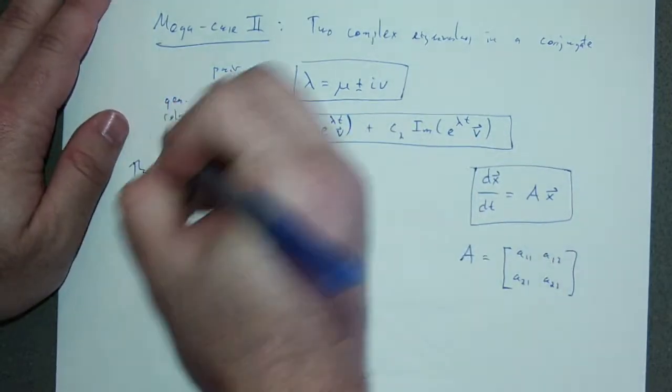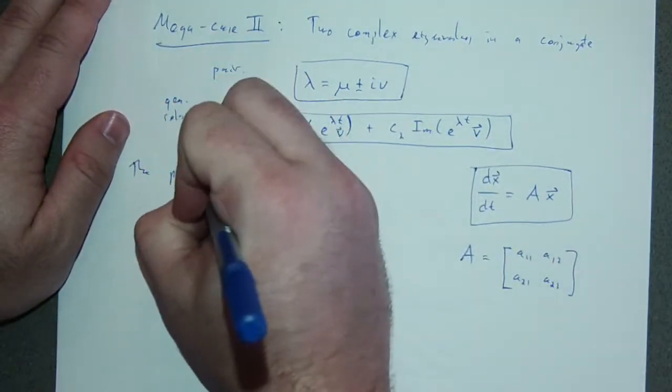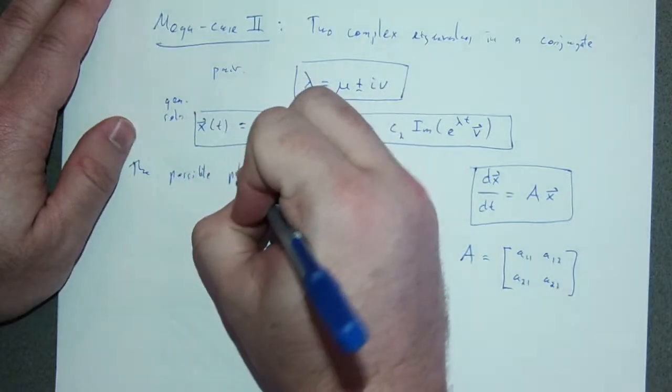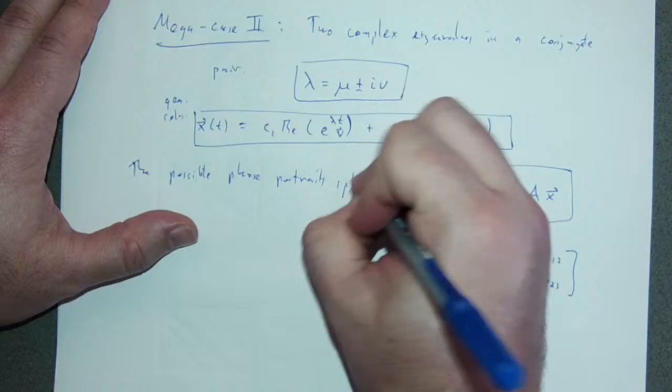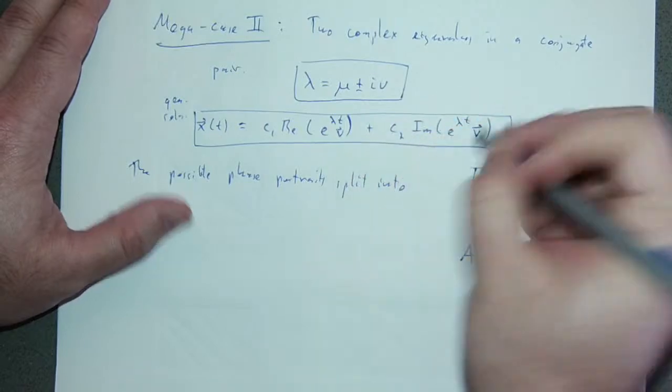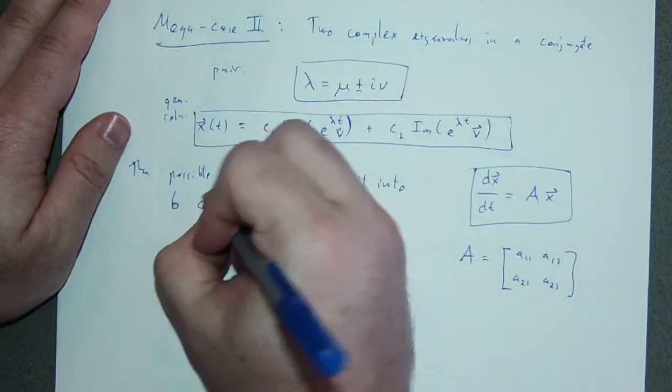The possible phase portraits split into 6 subcases.